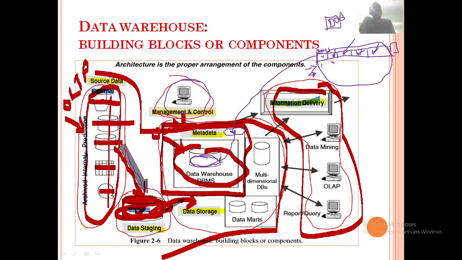The management and control component interacts with the metadata component to perform the management and control functions. It is frequently in contact with the metadata for various things. These are all the various components.